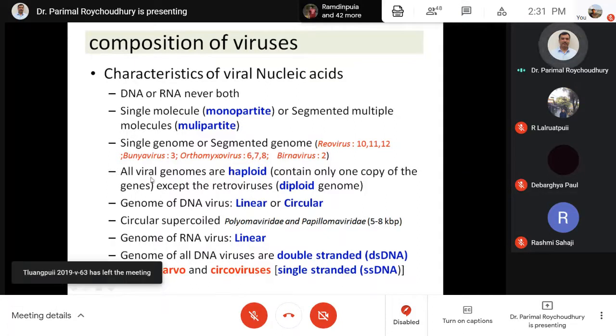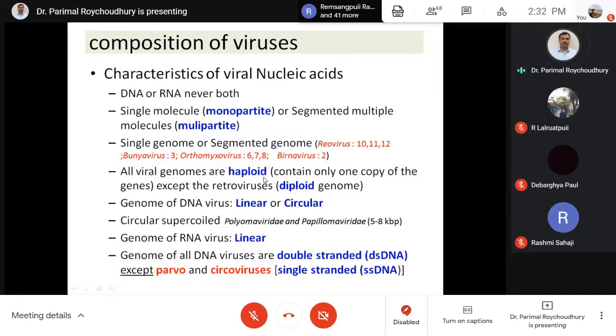Then again, the point: all viral genomes are haploid, meaning they carry only one copy of each gene. Almost all viruses are haploid, except one category of viruses. We call them the retroviruses. Retroviruses are important because they have the reverse transcriptase enzyme, and they can get integrated with the host cell chromosome.